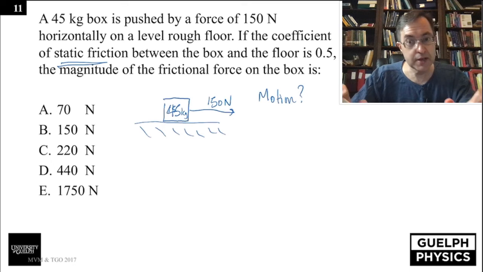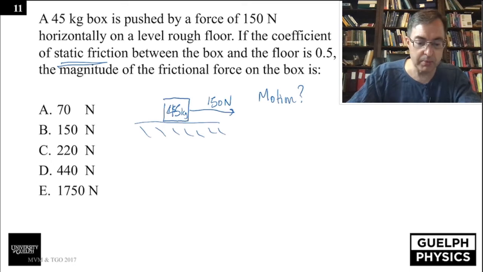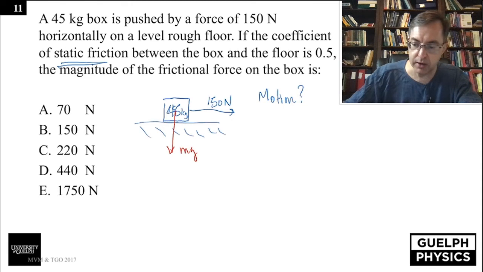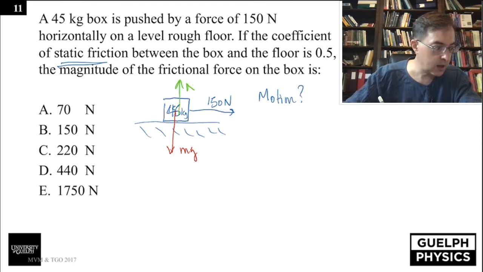But what I do know is I can start by drawing a free body diagram. My free body diagram will include forces such as the force of gravity, mg, down here, and the normal force, n.